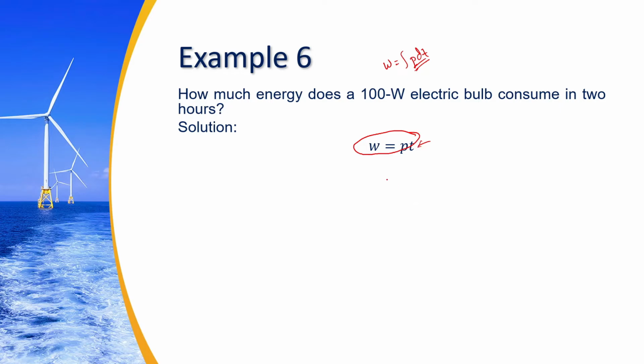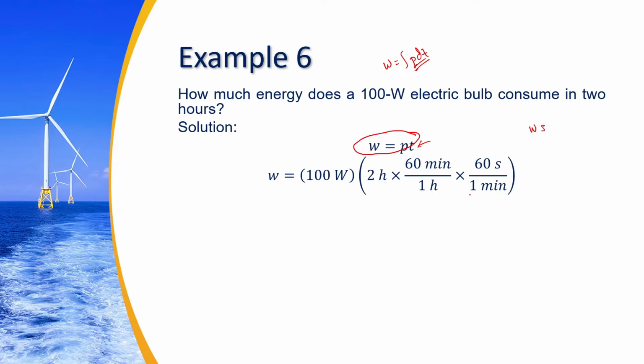Okay? So, therefore, we just have the given in this formula. Nangyari, 100 watts multiplied by 2 hours. Pero, di ba ang unit natin ng work is just a watt second?